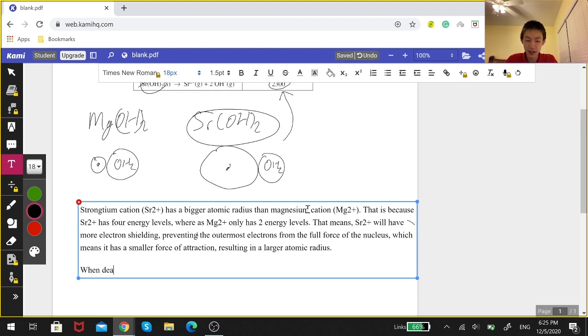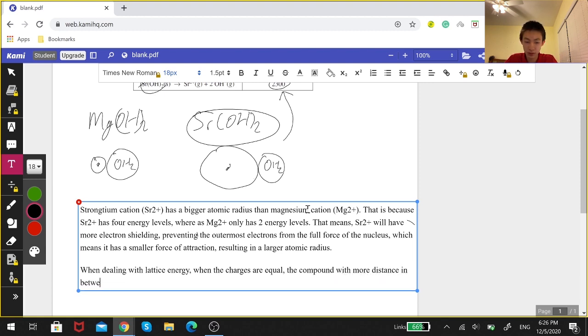When dealing with lattice energy, when the charges are equal, the compound with more distance in between the ions will result in a smaller lattice energy.